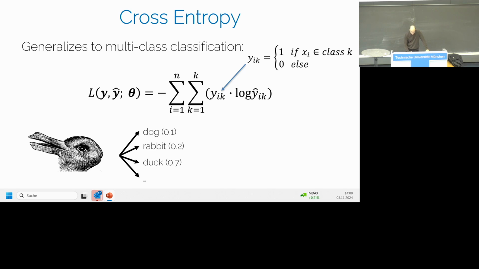So in practice, if you sum yik over all k, you should get 1, meaning they're binary and only one of them is 1, in the sense that an image cannot be simultaneously a duck and a bunny. In this case, you could argue maybe this is both a duck and a bunny. But in principle, this is how you would generalize. And this loss function that we have here is called the cross-entropy. It's the generalization of the binary cross-entropy to multiple classes.